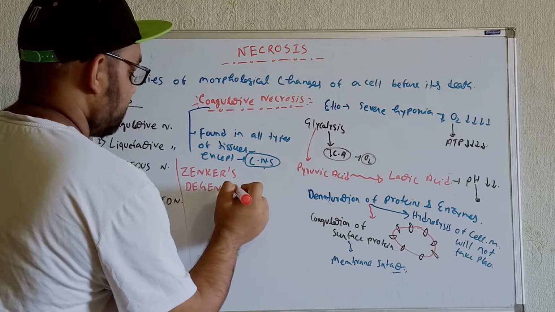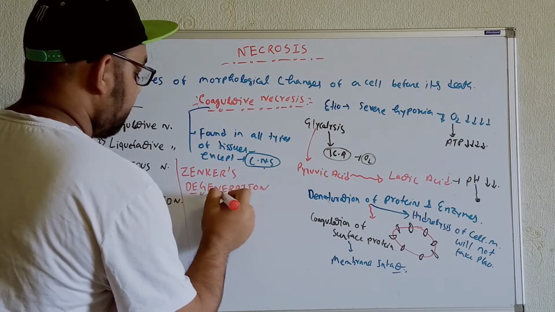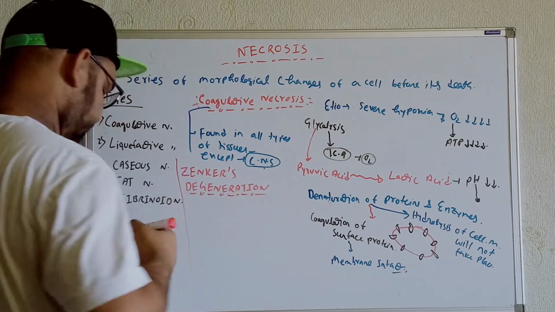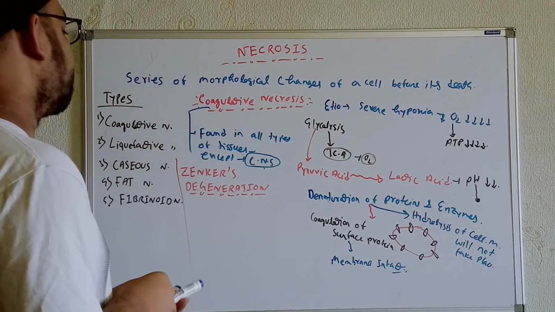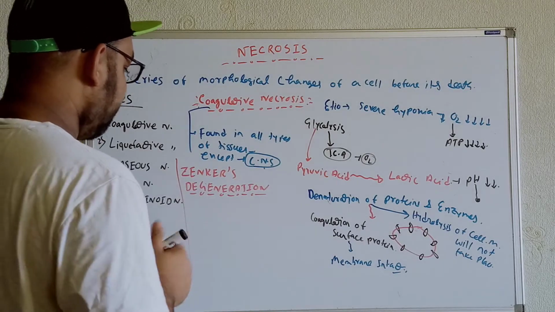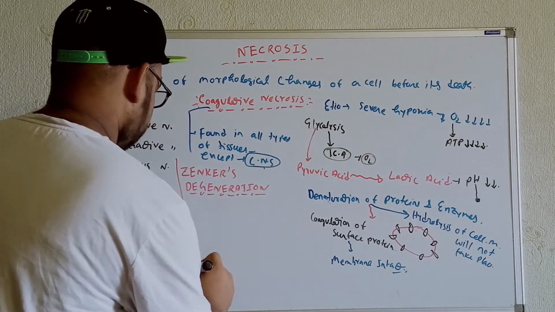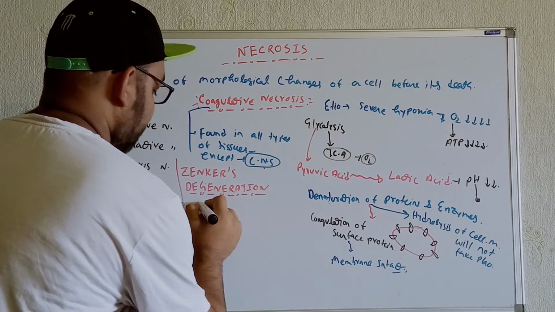In these cases, for example, an individual who is suffering from typhoid fever, we can also see coagulative necrosis in these patients. So the person is suffering from typhoid.